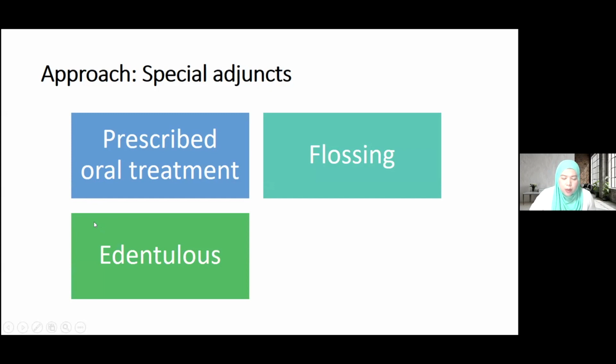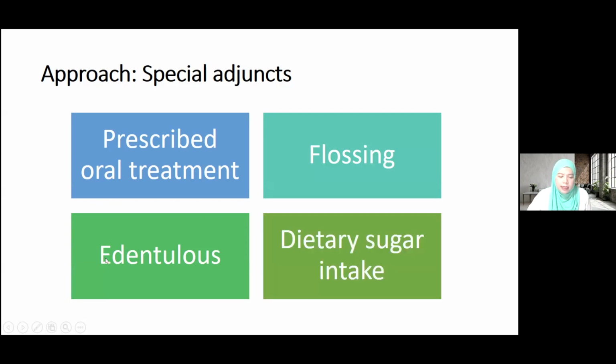Edentulous patients who have a removable prosthesis may require additional care or additional instructions on denture hygiene care. And then lastly, just an assessment of the intake and frequency and the consistency of food for any sugar intake.